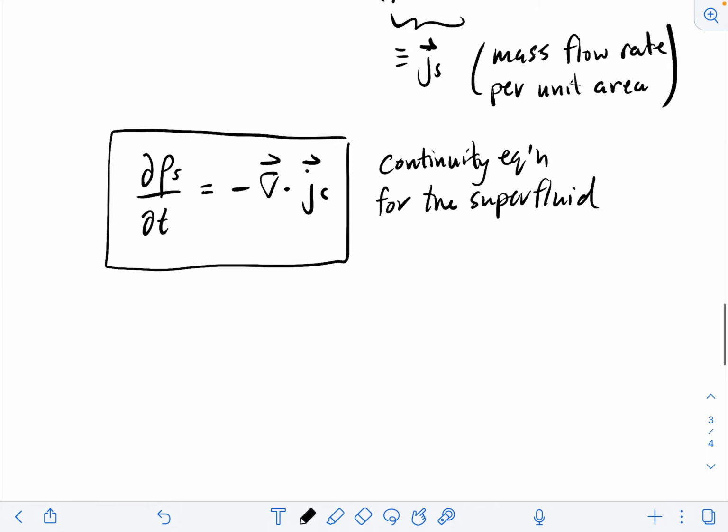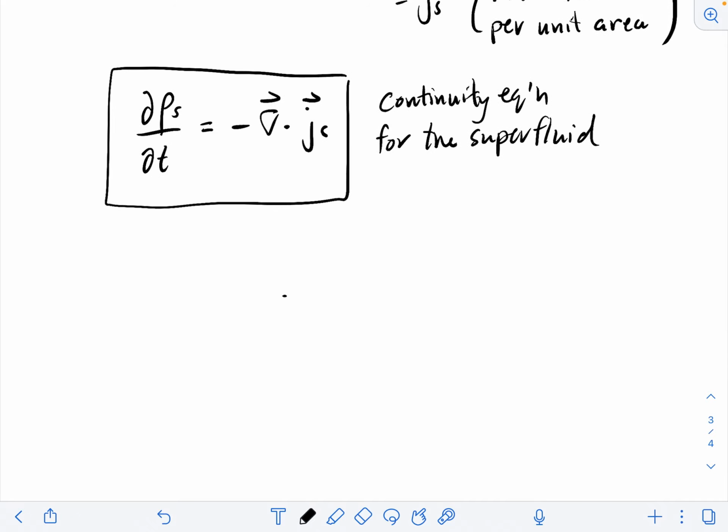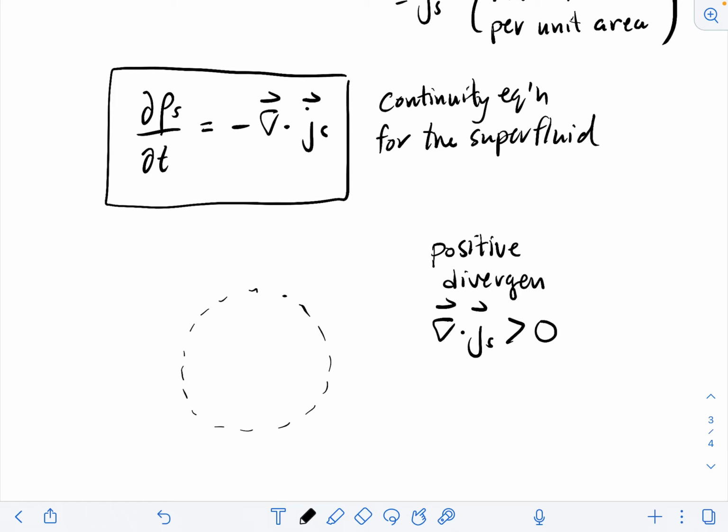So just to interpret this, let's imagine we had some kind of spherical volume, and suppose that we had a positive divergence from the center of this volume, so that divergence of Js was greater than 0. So a positive divergence means that we would have flow out of this volume, so you would have some mass flow rate across the surface area of the sphere from the inside towards the outside.